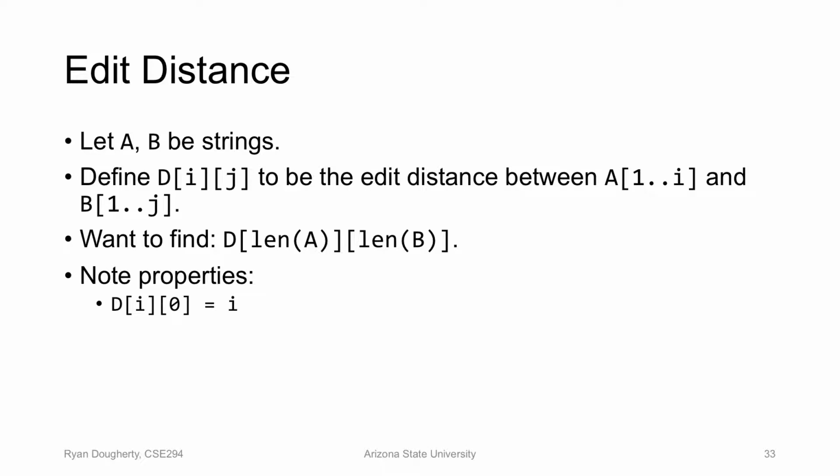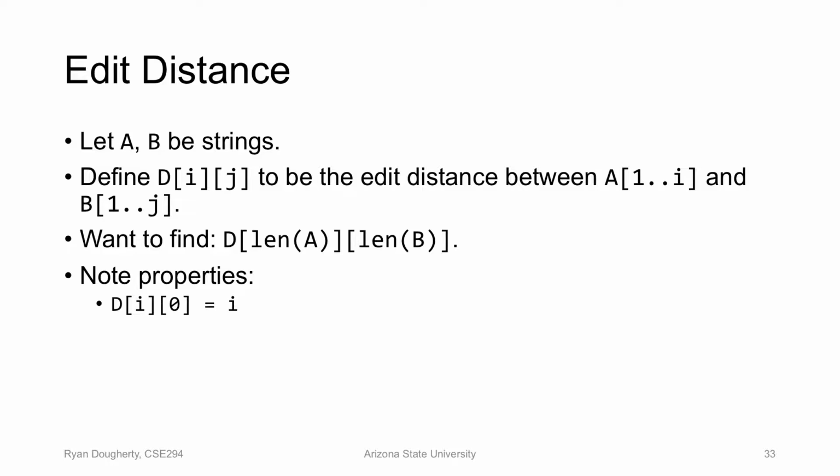And then the properties, so let's see. If we consider the first I characters of A and the first 0 characters of B, and I want to transform A into B, just remember that. So why is it I here? The minimum number of edits. Remember, I'm considering the first I characters of A, and the first 0 characters of B. How do I transform I characters to 0 characters?